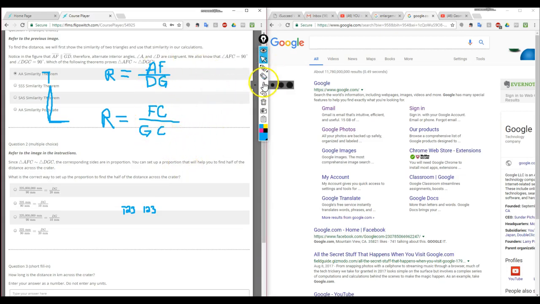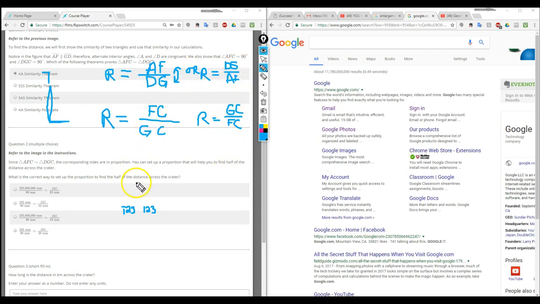Our ratios are just in reciprocals, so we need to flip them. So we could write our ratio could equal DG to AF, or our ratio would equal GC to FC. So reciprocals means that the top and bottom are opposites.